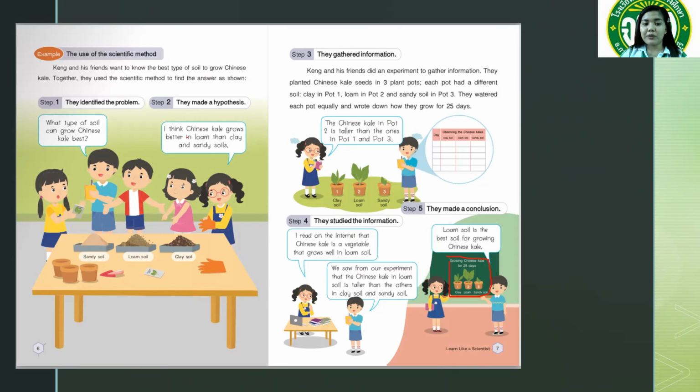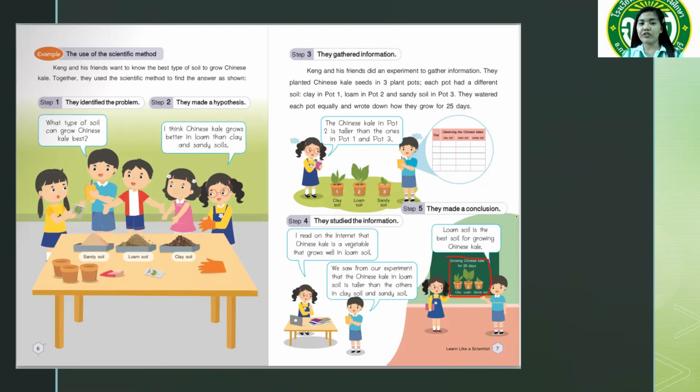In step 2, the Chinese kale grows better in loam than clay and sandy soil. Is it correct? Yes or no? Yes. So the hypothesis that the kale grows better in loam than clay and sandy soils matches the conclusion. So that ends the experiments of Kang and his friends.